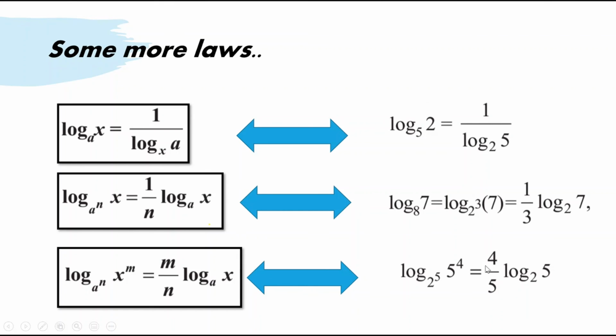Then the whole number comes out to be 4 upon 5. And here the base on the left hand side and the right hand side is different. On the left hand side the base was 2 to the power 5, and on the right hand side the base is 2. And the argument is also different. The argument on the left hand side was 5 to the power 4, and here the argument is 5.